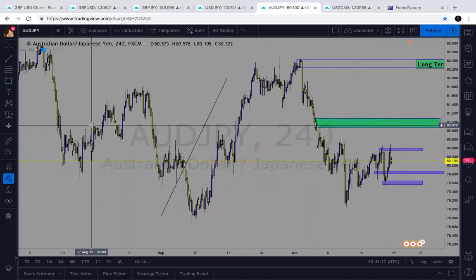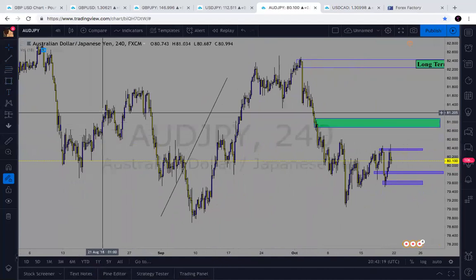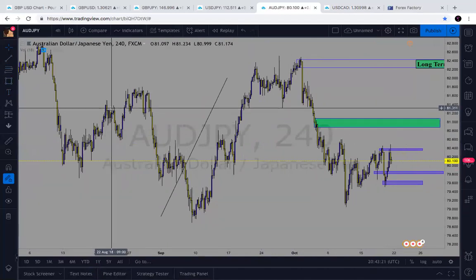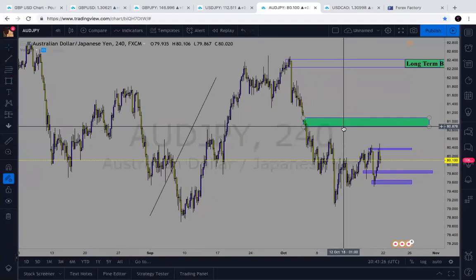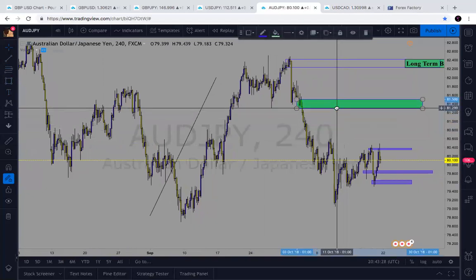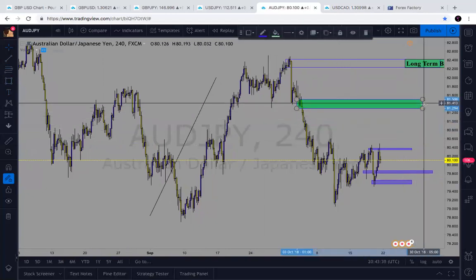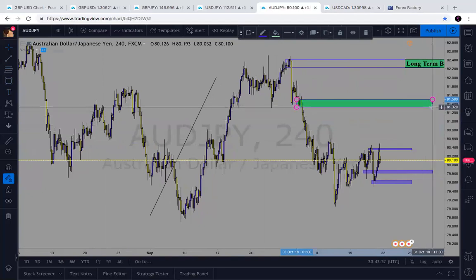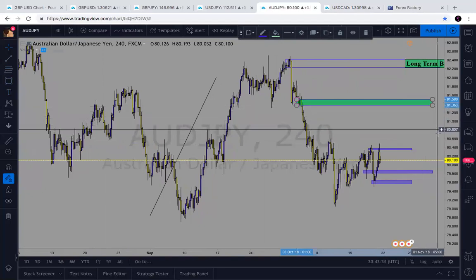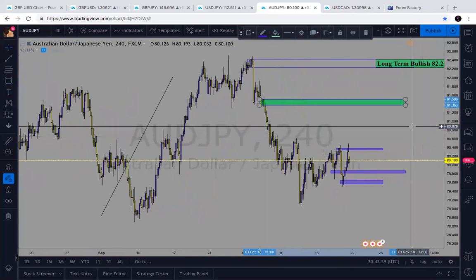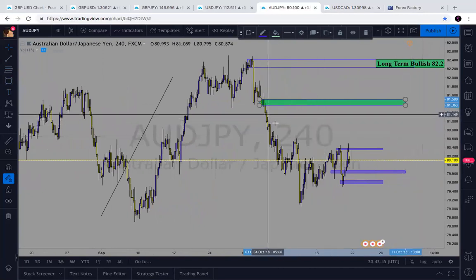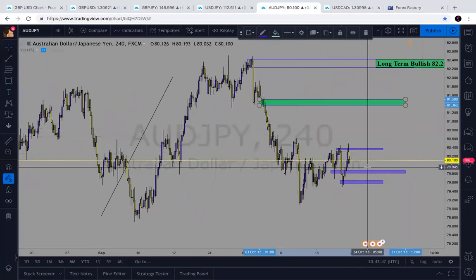I like this zone. I feel like this level right here is a better zone, so I'm gonna take this one. Which zone is this? The 81.5 zone. And I had gotten yapped a couple of weeks ago looking for the 81.6 zone, so we could be headed for it.